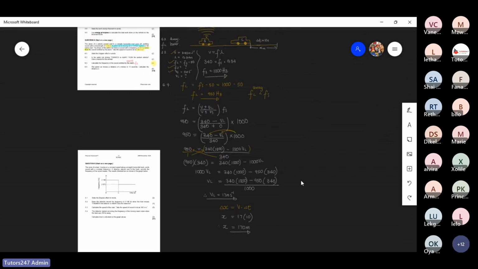Okay. So the whole goal of this question was for us to calculate the distance that the patrol car moved within 10 seconds. In order for us to do this, we listed our 4 equations of motion. We identified which equation we are able to use.